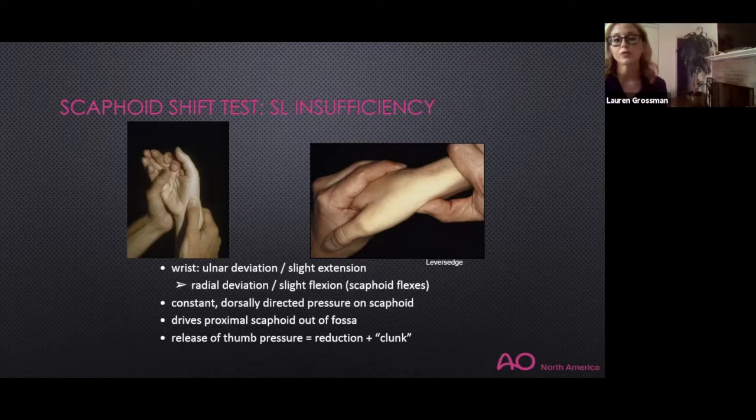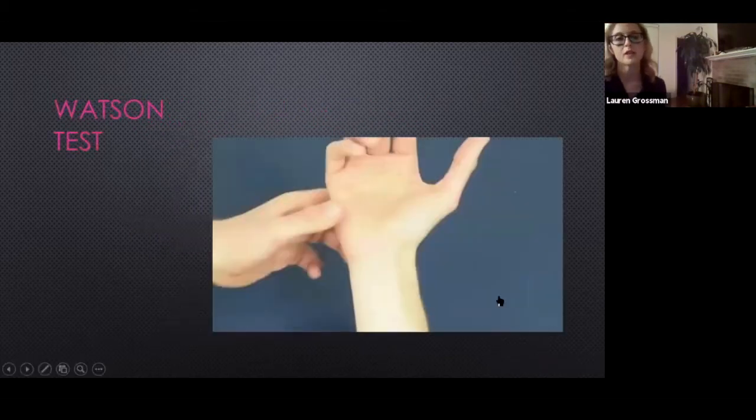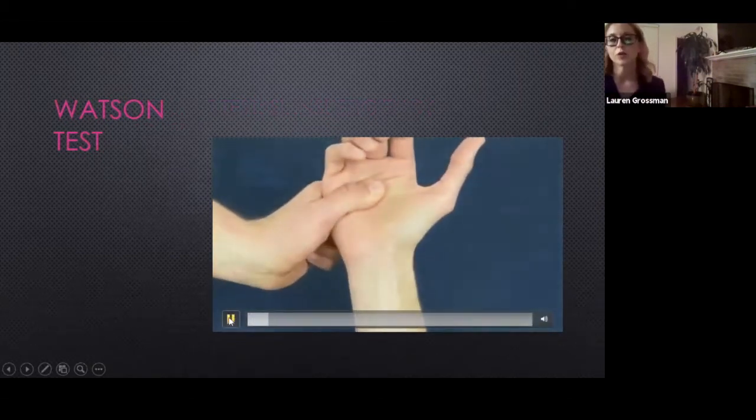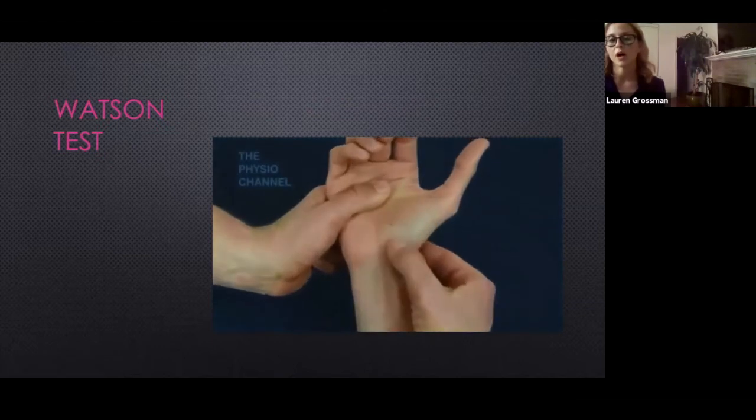As you're moving the wrist, you're driving that proximal scaphoid out of the fossa, and as you're moving it and releasing your thumb, you will feel there is a reduction or a clunk, and that shows that that's unstable. And here we could see this in this video right here. The examiner is holding the hands, putting the thumb on the scaphoid.